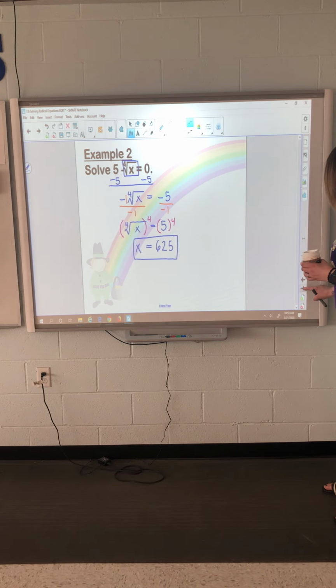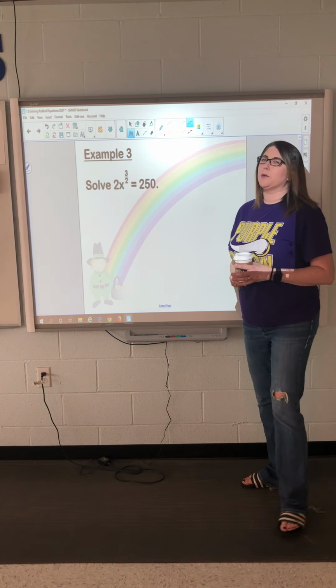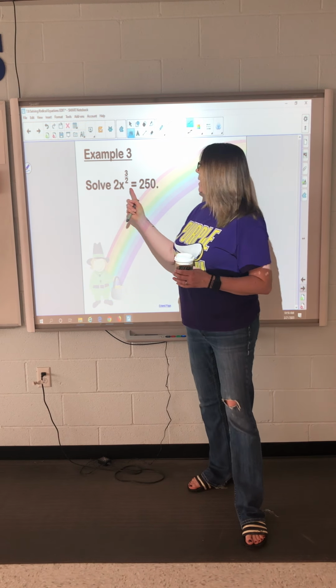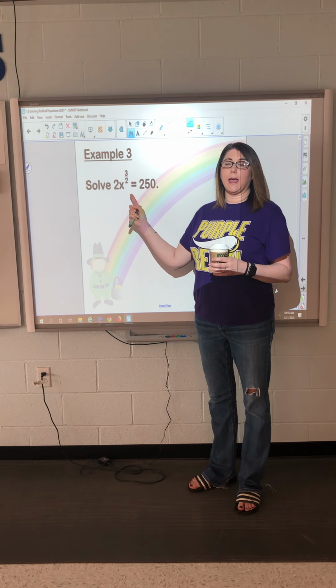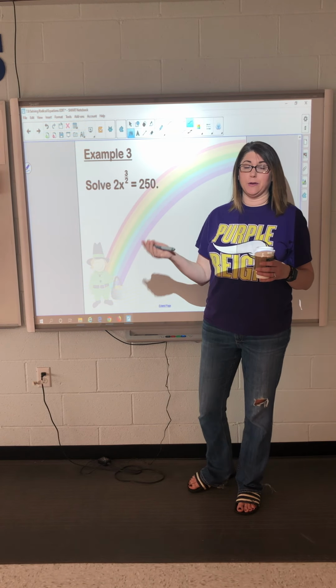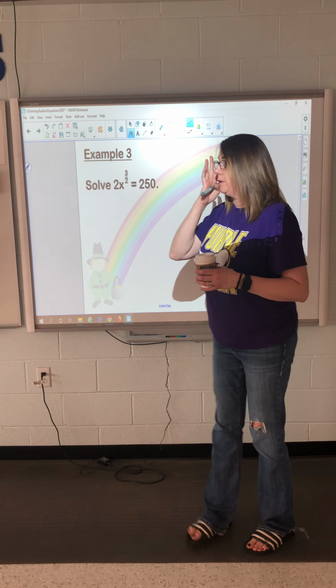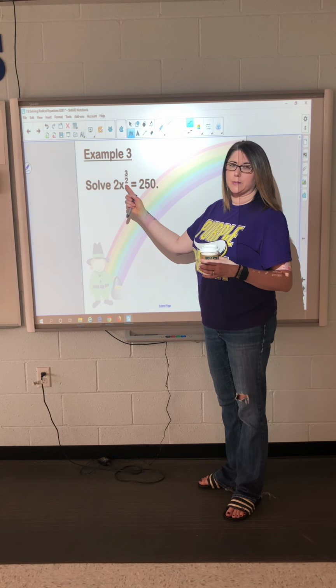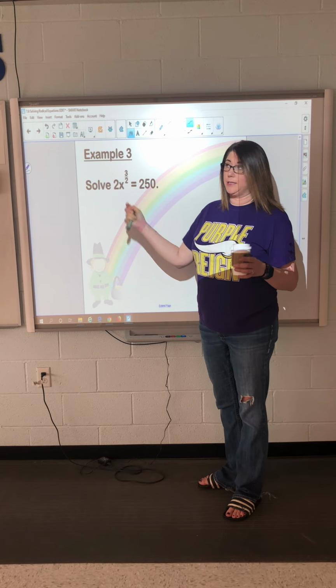All right, example number 3 looks different because I don't see a radical sign, but I do know that having an exponent that's a fraction to a variable means that I have a radical. So what this really means is that this is a square root function because my index or denominator is a 2.